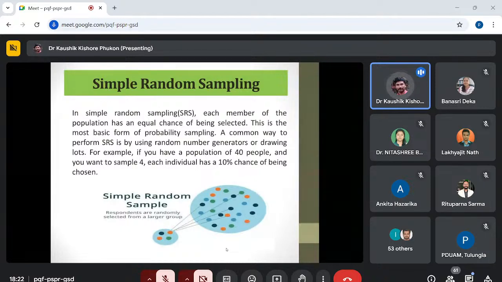This is the most basic form of probability sampling. A common way to perform SRS is by using random number generators or drawing lots. For example, if you have a population of 40 people and you want to sample 4, each individual has a 10% chance of being chosen.